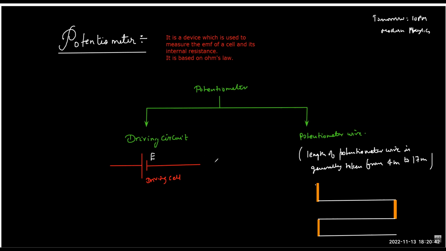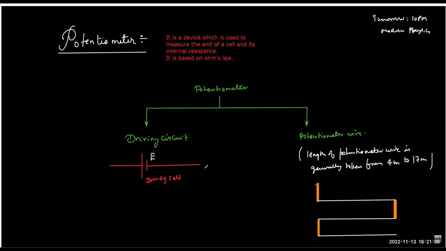So generally what we do in lab, we go to the lab instructor, we ask for give me a cell. So they will provide you some lead accumulator cell. It's like a cylindrical cell you might have seen. And you bring that cell to the table, which is the potentiometer wire table, and you make the connection using connecting wires.